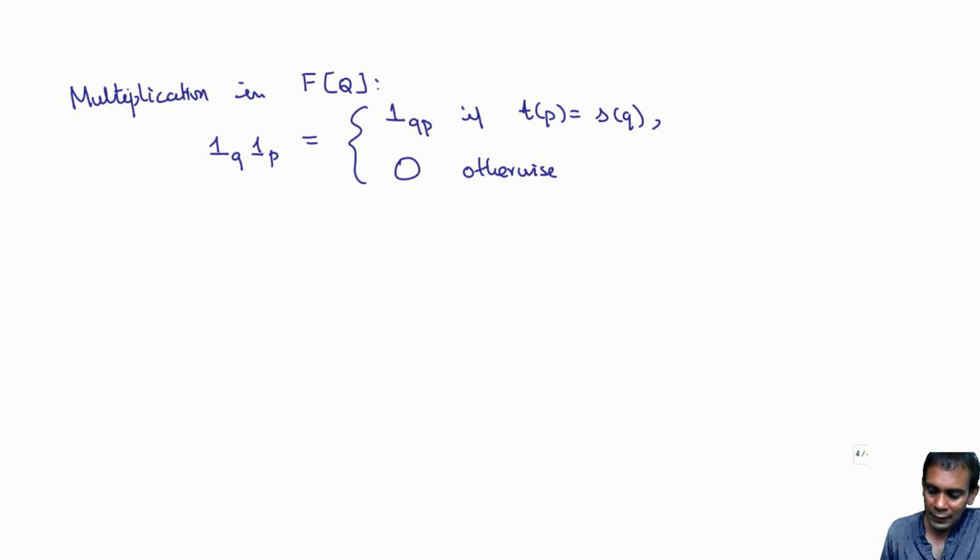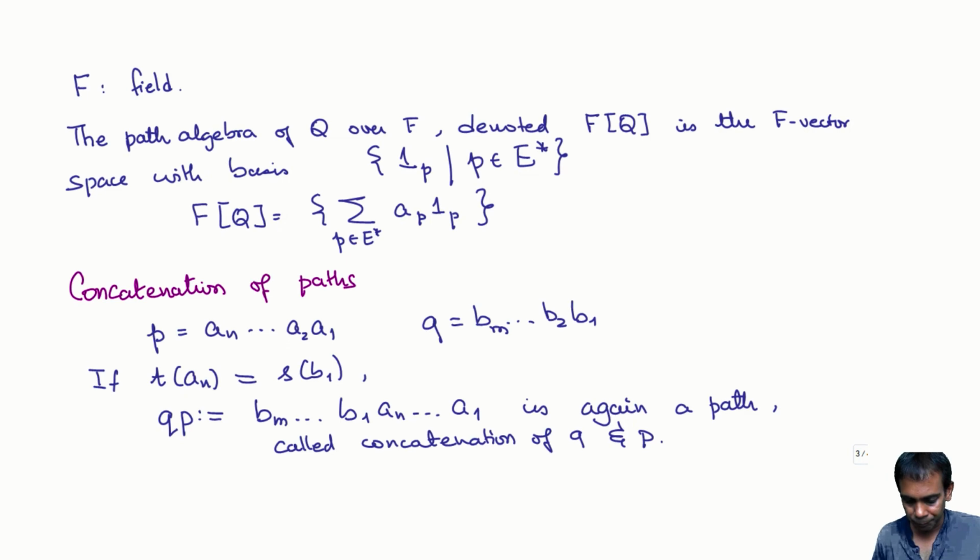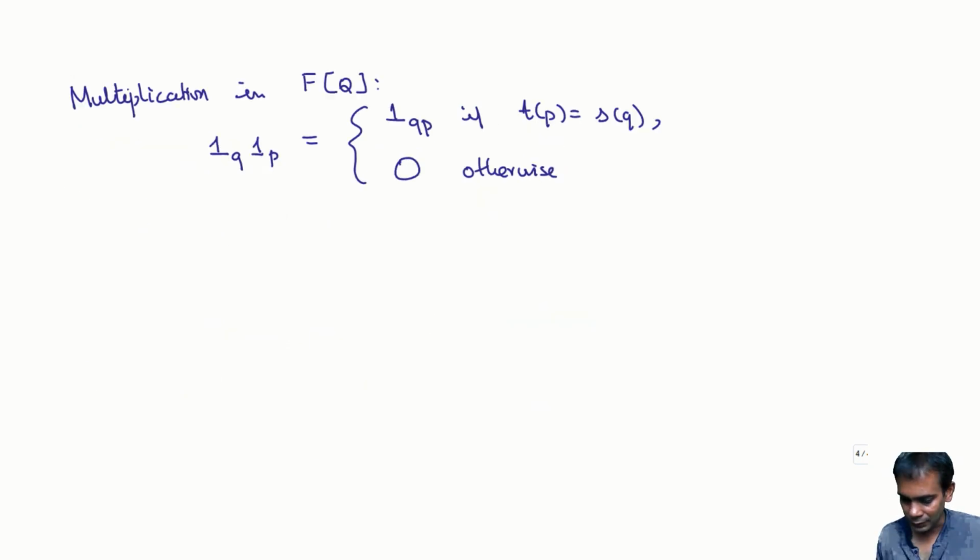And using bilinearity, you want to say that the multiplication is linear in each of the arguments, so this can be extended to the path algebra.